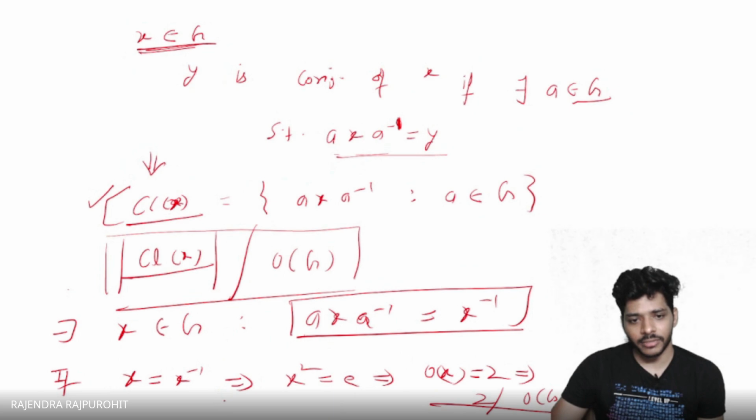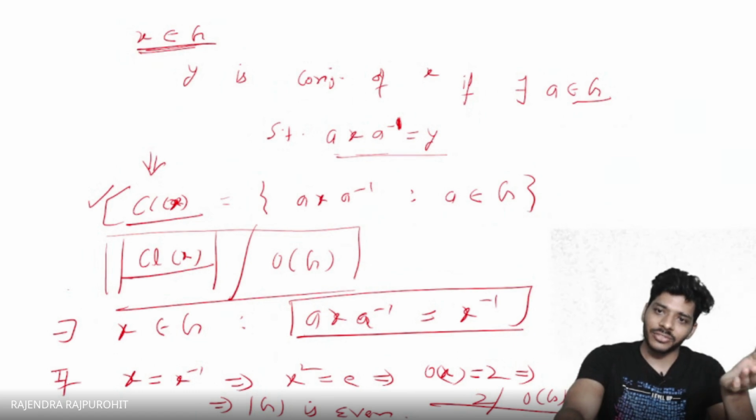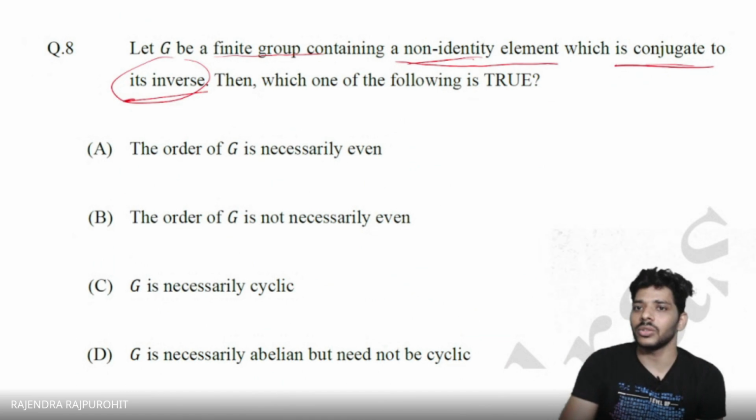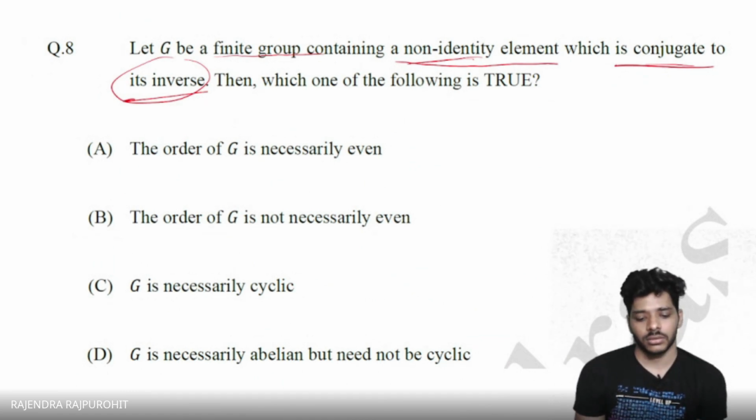This implies the order of G is even. So if the element is self-inverse, then we can directly say the group is even.